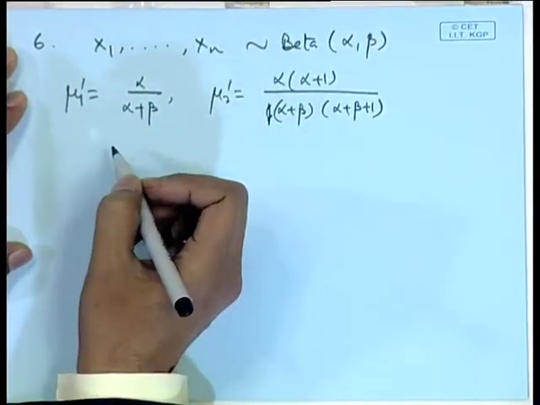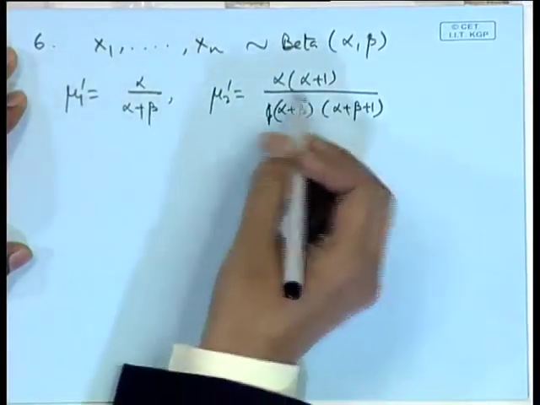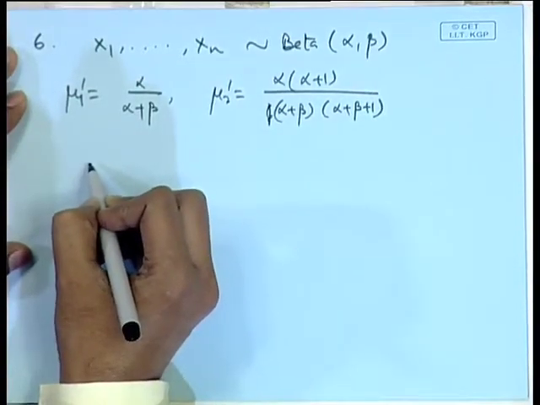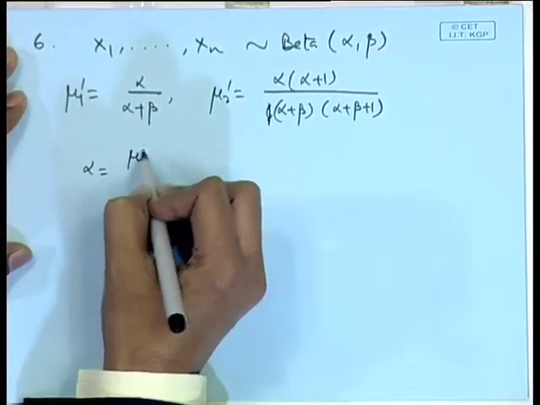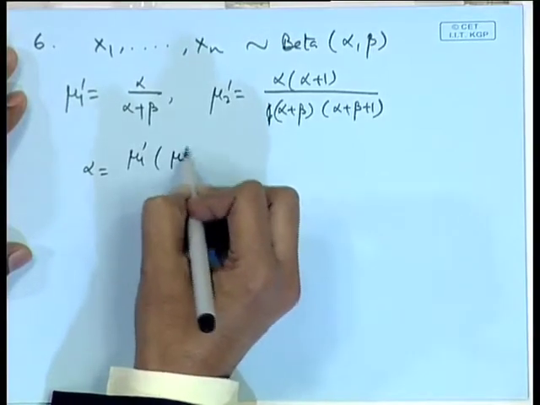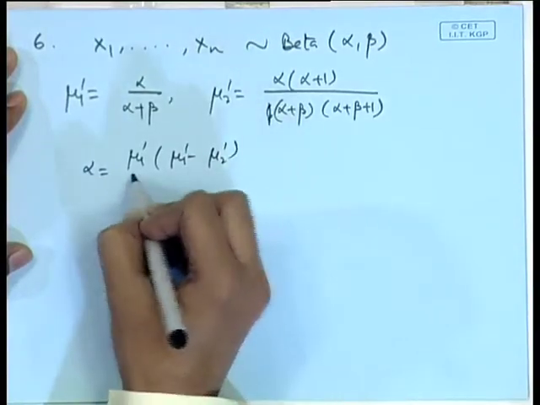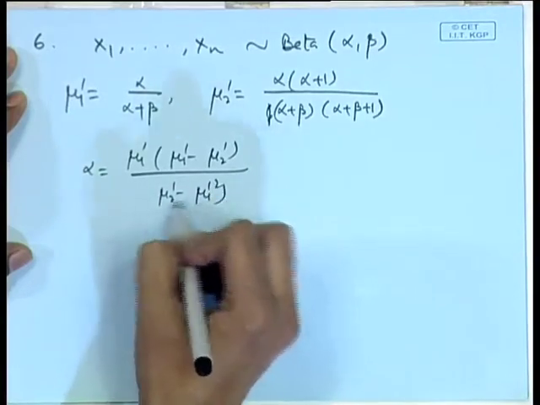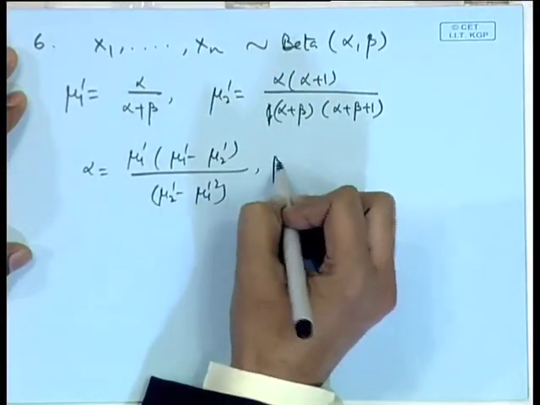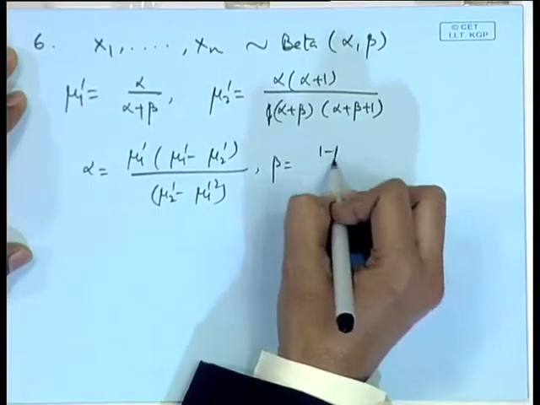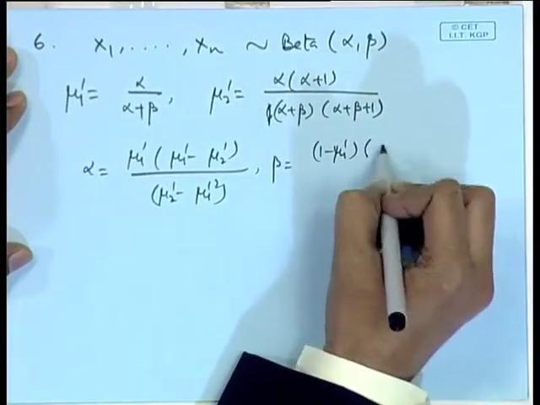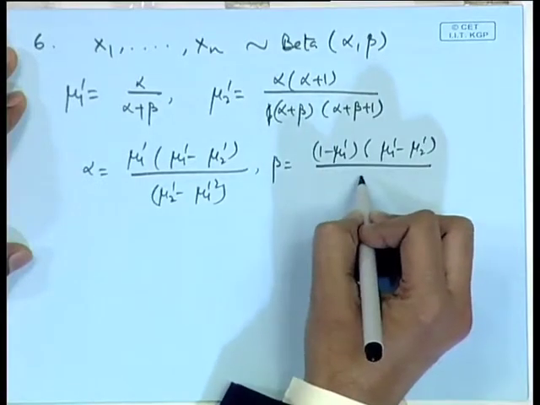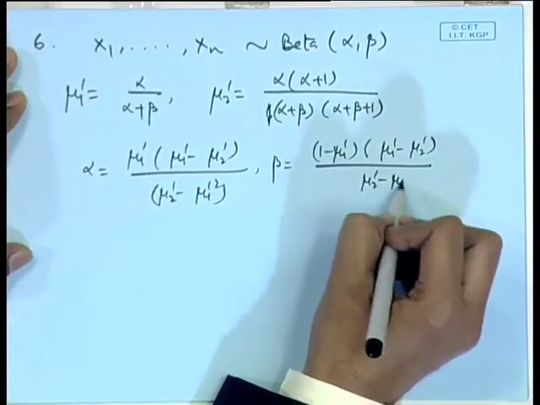Now, if we solve these equations, this is quite cumbersome, and the solutions turn out to be alpha is equal to mu 1 prime into (mu 1 prime minus mu 2 prime) divided by (mu 2 prime minus mu 1 prime square), and beta is equal to (1 minus mu 1 prime) into (mu 1 prime minus mu 2 prime) divided by (mu 2 prime minus mu 1 prime square).